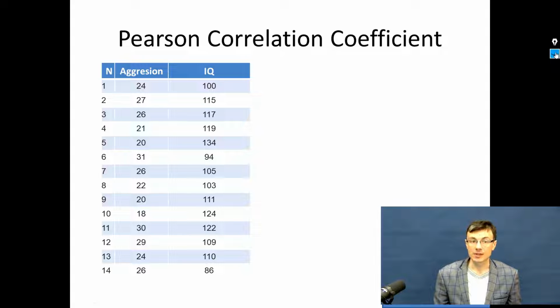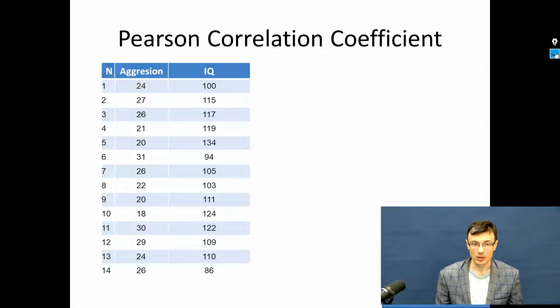So, in this example, we want to know if there is any dependence between aggression and a number of persons. So we have two samples and we have the values of these two parameters that we measured, and we want to know if there is any correlation by Pearson.